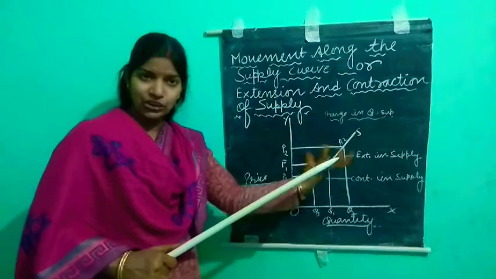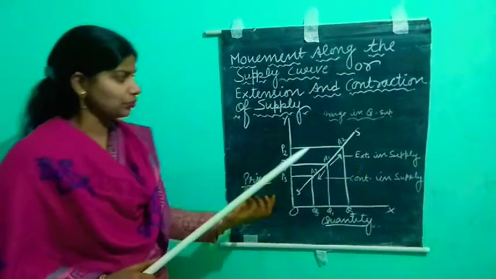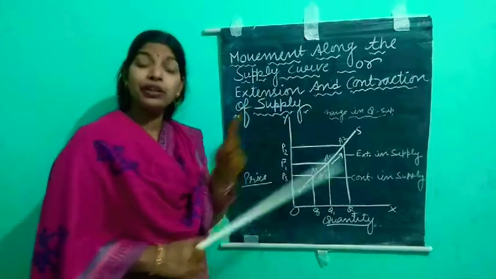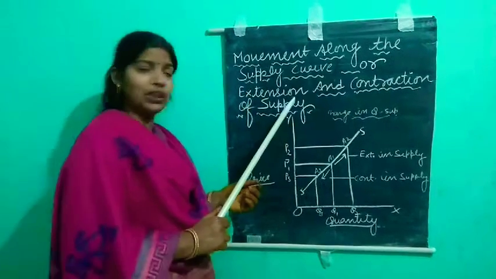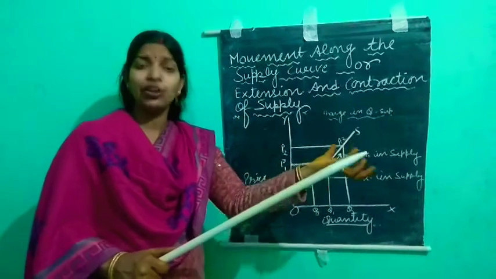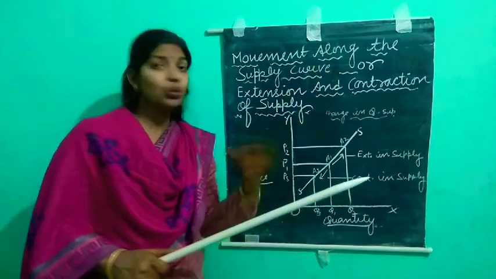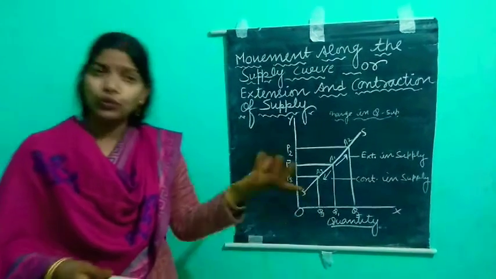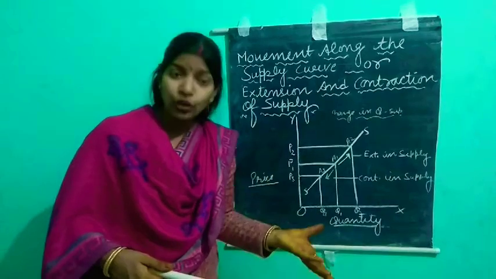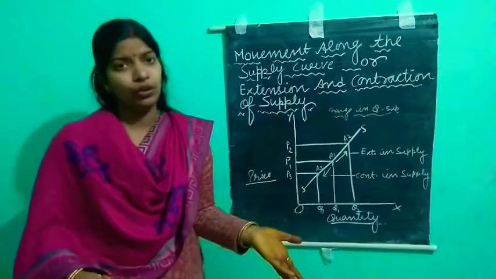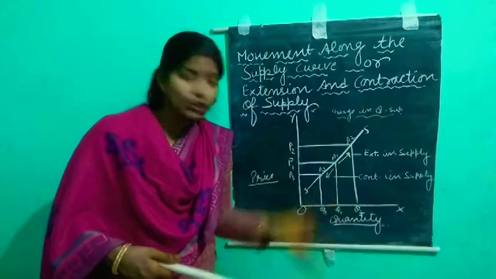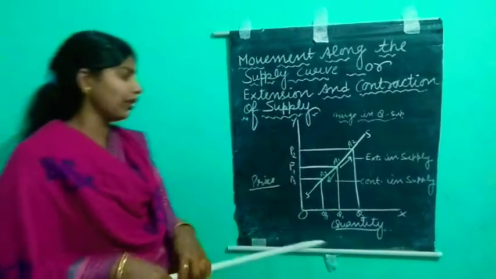It means extension and contraction. Very simple, children. As we have already done in the demand chapter also, extension. In this chapter we have to think according to the producer. If price rises, the producer will be motivated to produce more and more quantity, because it is motivation for him to increase the quantity.